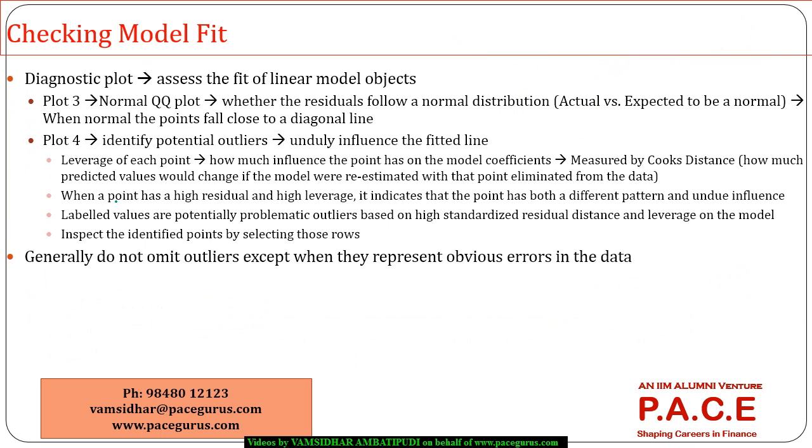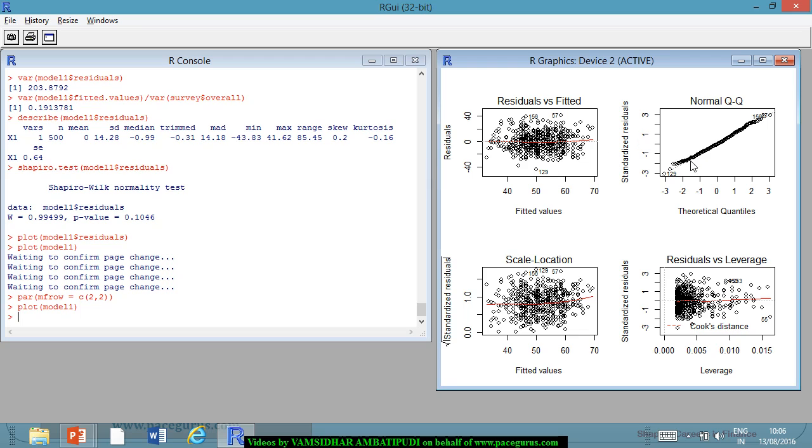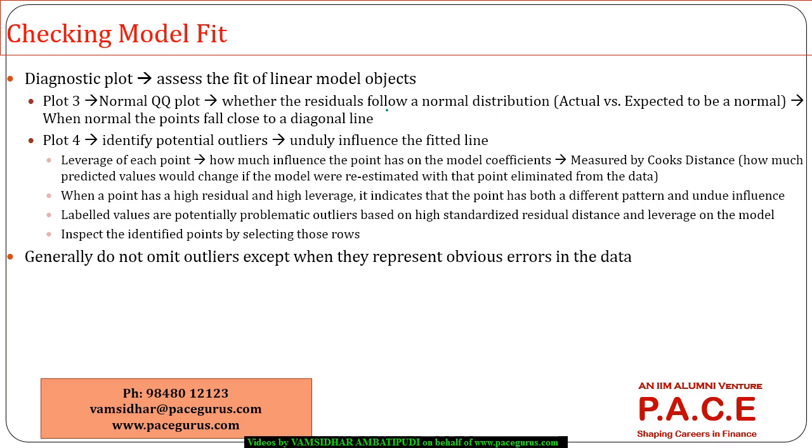Then looking at plot 3, this is a straightforward graph which is a normal QQ plot. So it checks whether my data is fitting a normal distribution properly or not. So the residuals which we have taken, are they following a normal distribution or not?